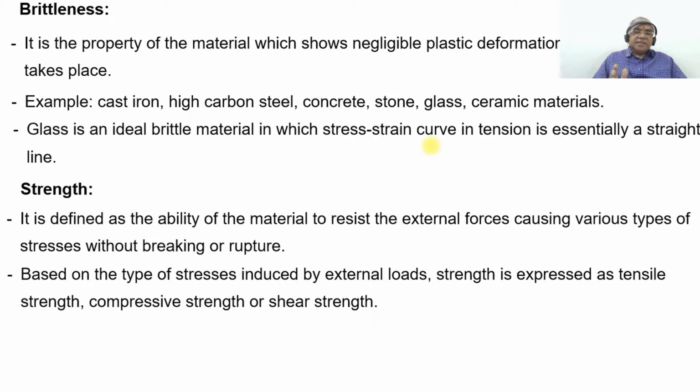If I apply a tensile load on the material, it is going to resist that external load, so naturally we get the tensile strength. Similarly, if a compressive load is applied, we get the compressive strength, and if a shear load is applied, we get the shear strength.